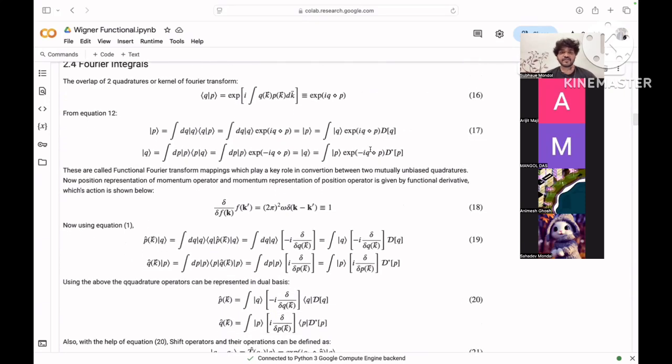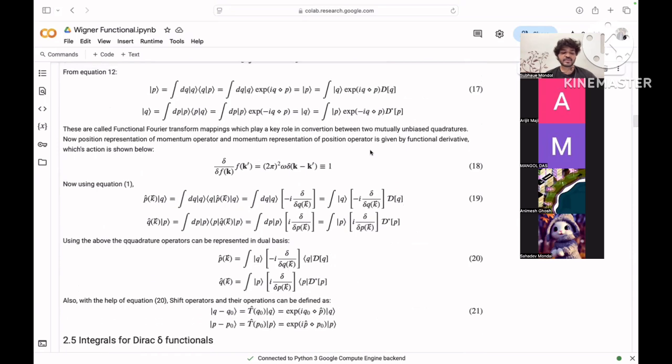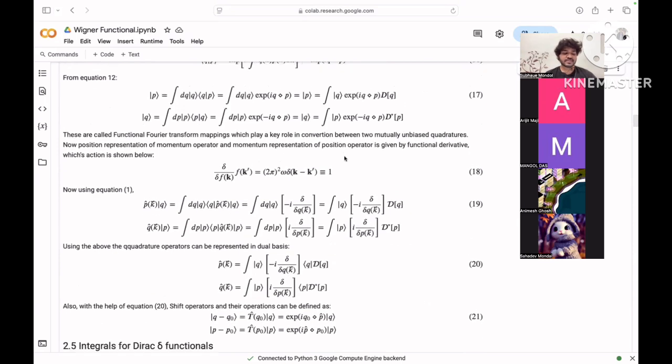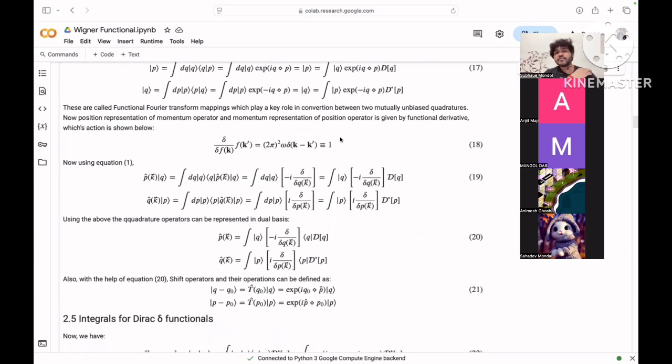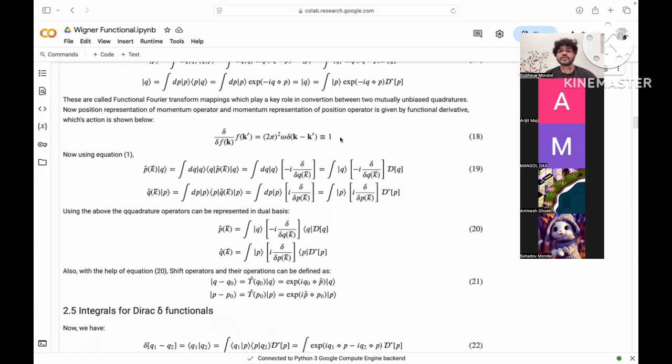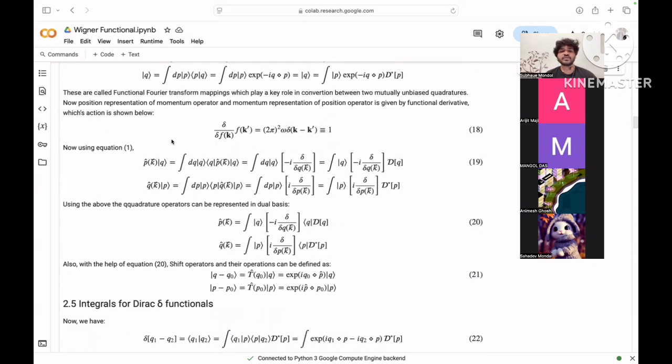That is simply the Fourier transform, and this is called the functional Fourier transform between the quadrature bases. So now the position representation of the momentum operator and the momentum representation of the position operator are given by functional derivatives, whose action can be shown like this.